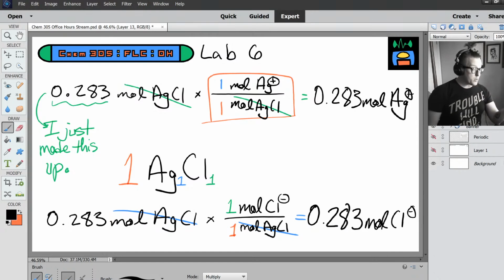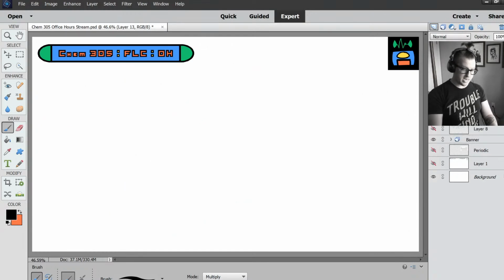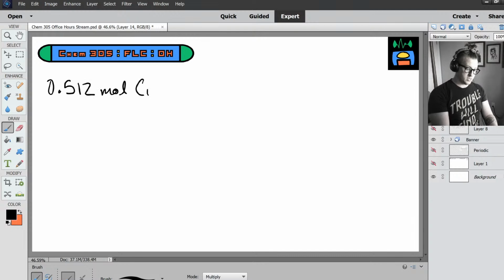So now, if we wanted to do this exact same thing, Kate, let's say we had 0.512 moles of copper 2 chloride dihydrate, and we wanted to know moles of chloride.